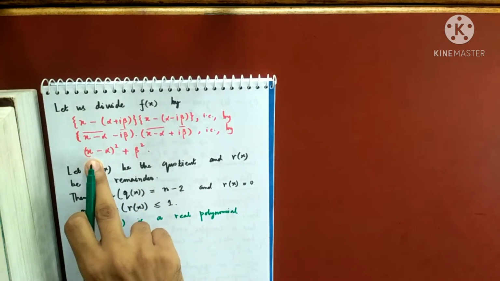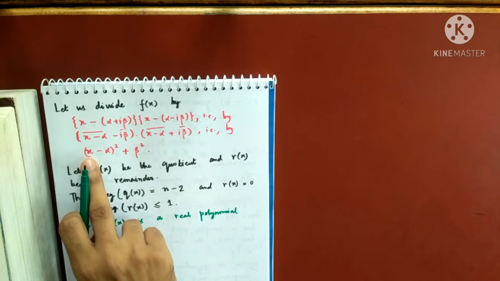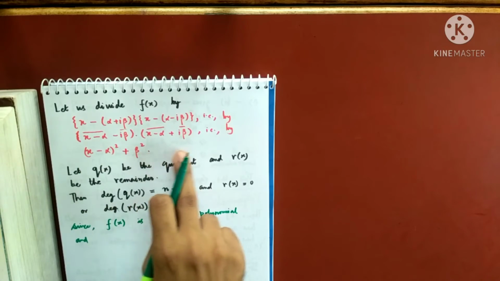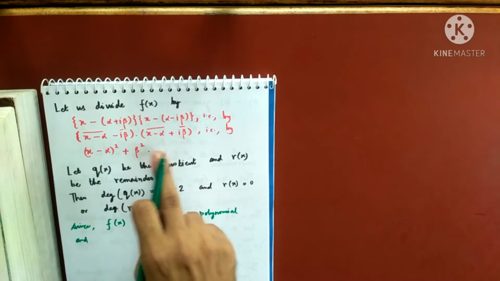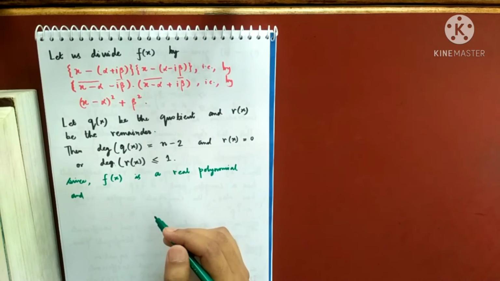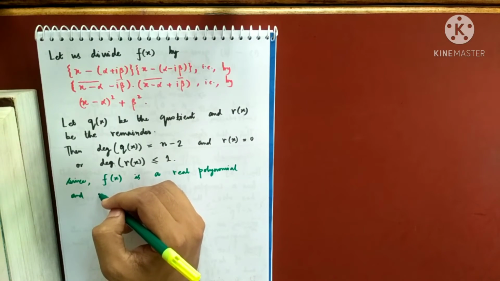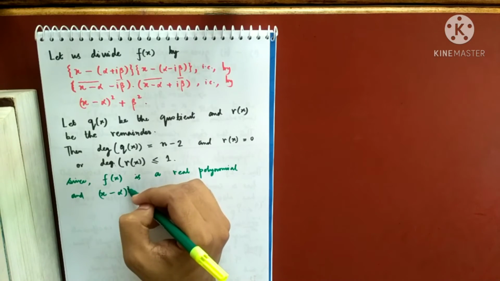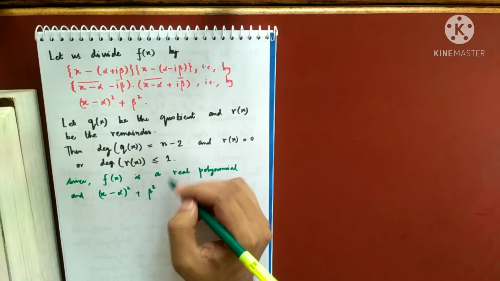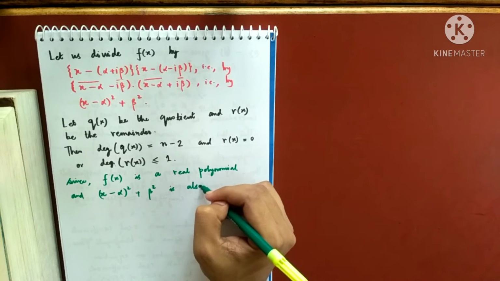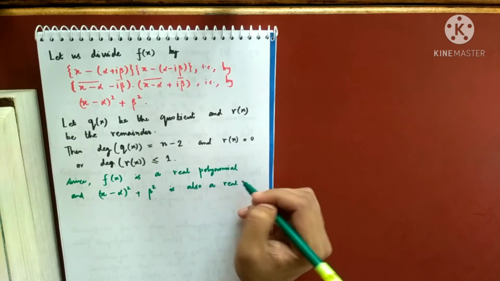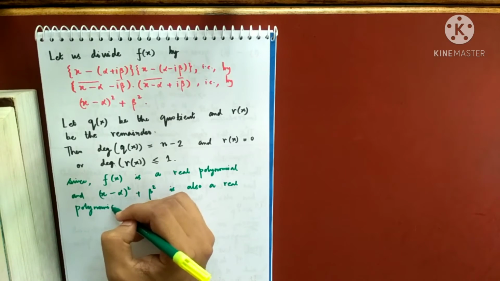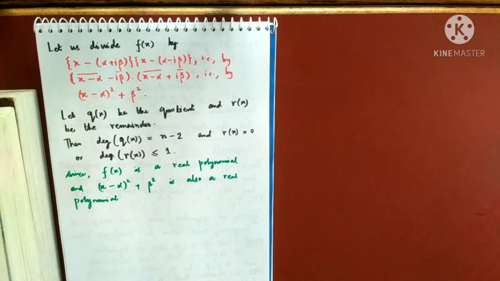Now you see this is also a real polynomial, because if you open the brackets, you will never find i (iota) here. So all the coefficients are real. And this polynomial (x minus alpha) whole square plus beta square is also a real polynomial.